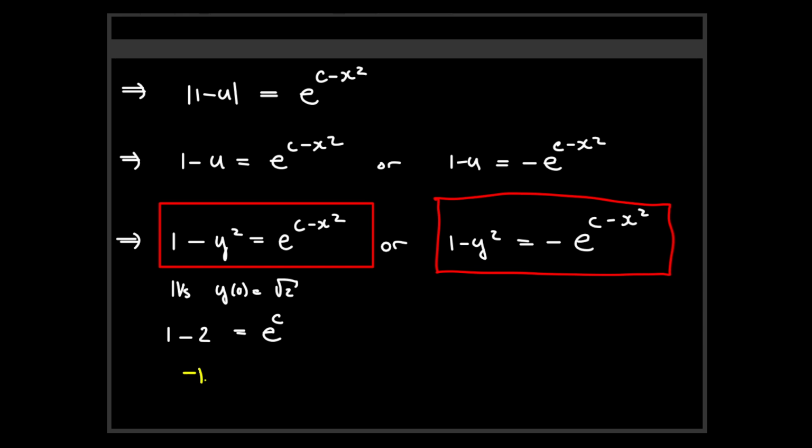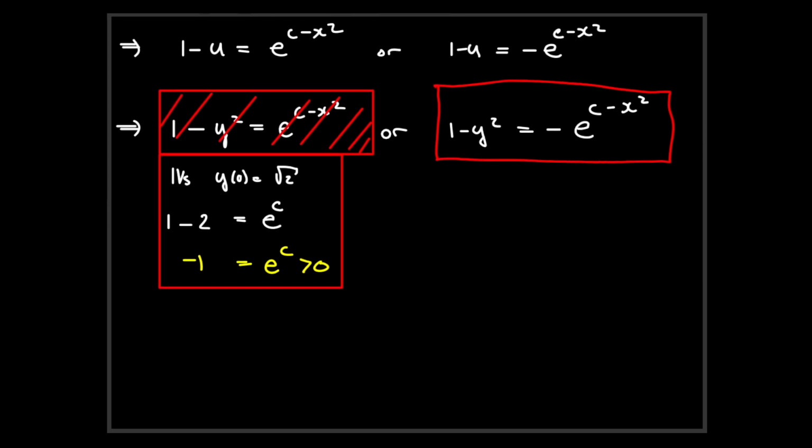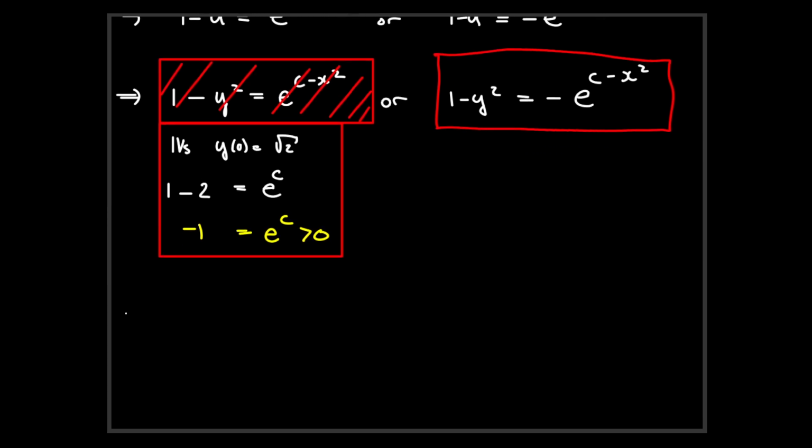This is a negative number equal to a positive number, which is a contradiction. This is impossible. So what we can do is completely rule out this possibility. And that means that our final solution must be of this form.